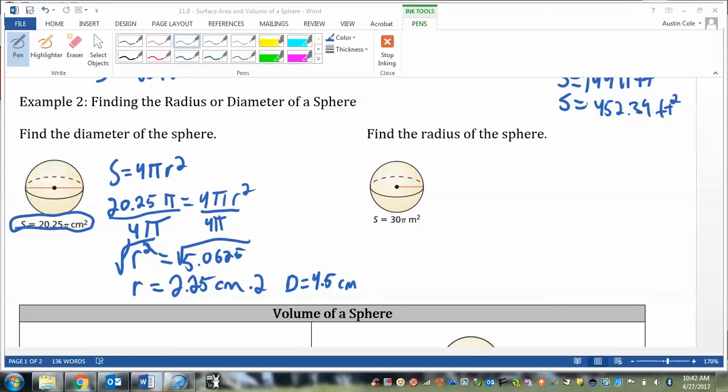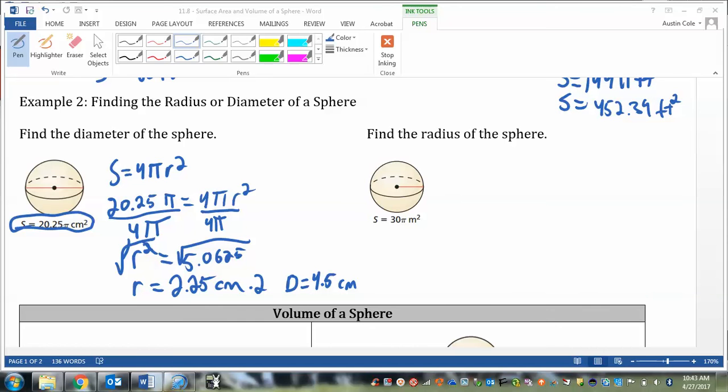Make sure if you do put the pi in, you put the pi in parentheses. Yeah, that's what I did. I did work for that. That's for the circumference. So you have to find the radius. Huh. Yeah, that's different. That's right. It's the same thing we did up here.